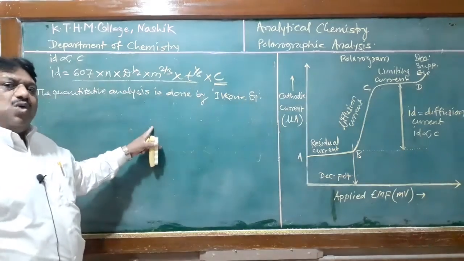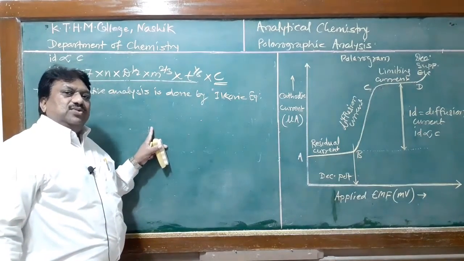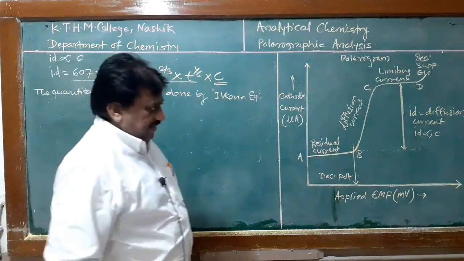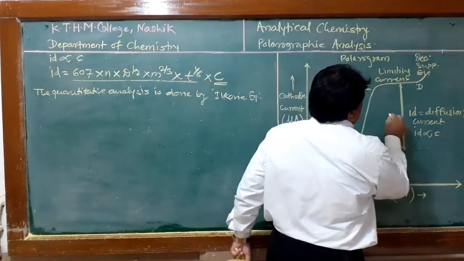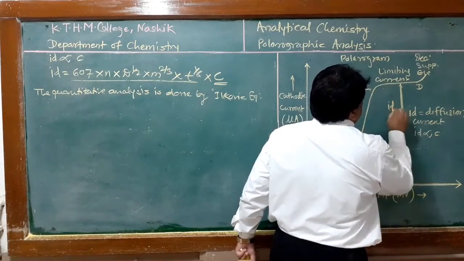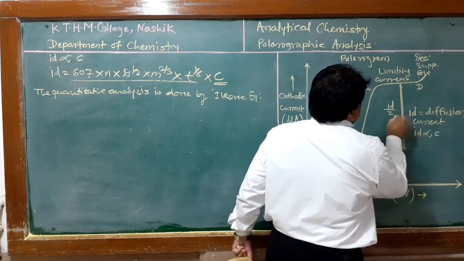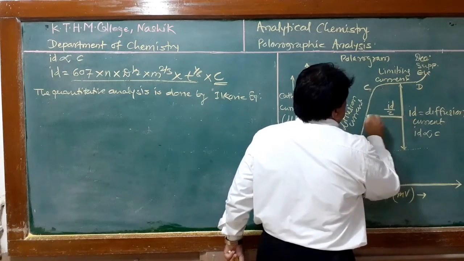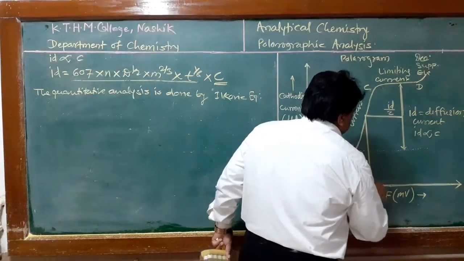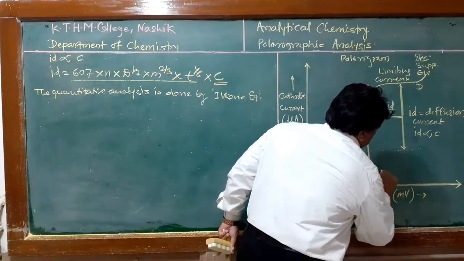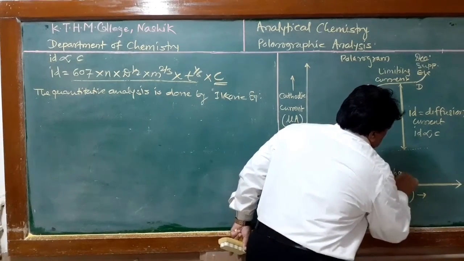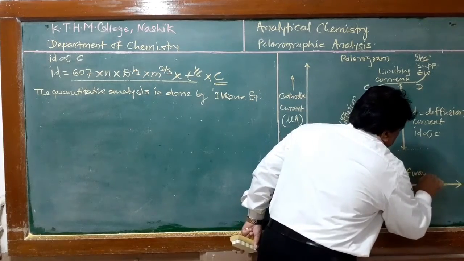Now, we discuss how qualitative analysis is carried out in a polarographic analysis. At half of the diffusion current, that is ID by 2, the potential we obtain is called E1/2, or the half wave potential.